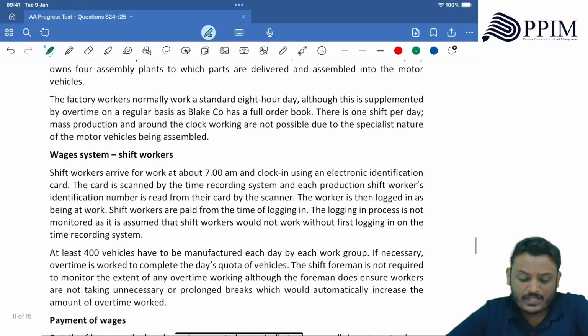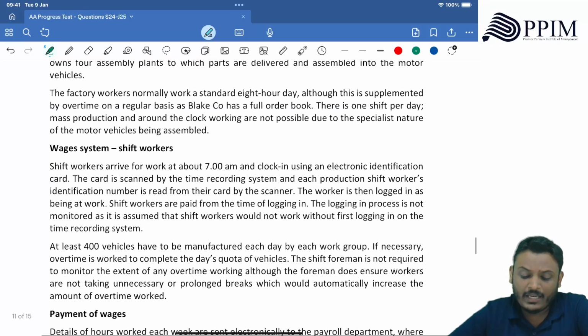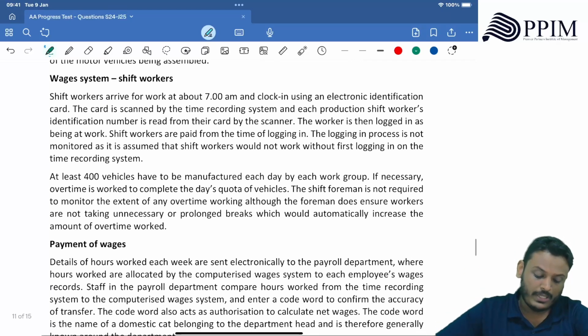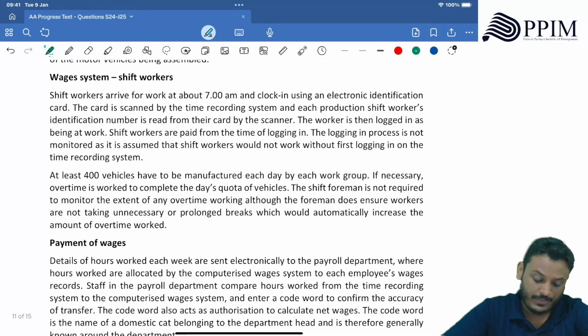The factory workers normally work a standard 8-hour day, although this is supplemented by overtime on a regular basis, as B has a full order. There is 1 shift per day. Mass production and around the clock working are not possible due to the specialized nature of the motor vehicles being assembled. Wages system, shift workers.